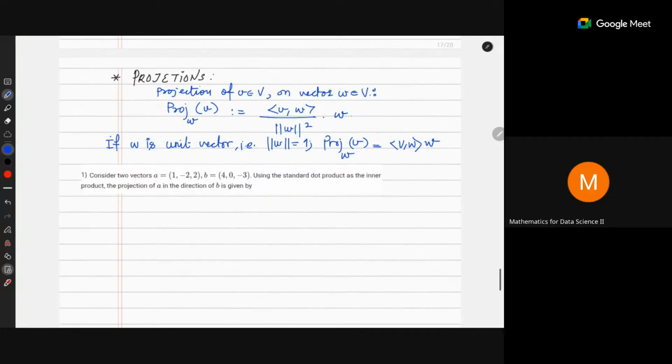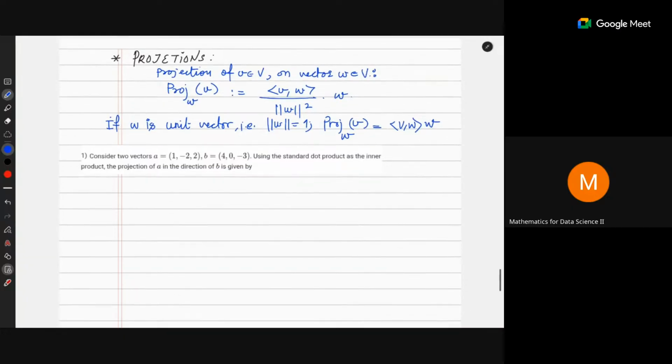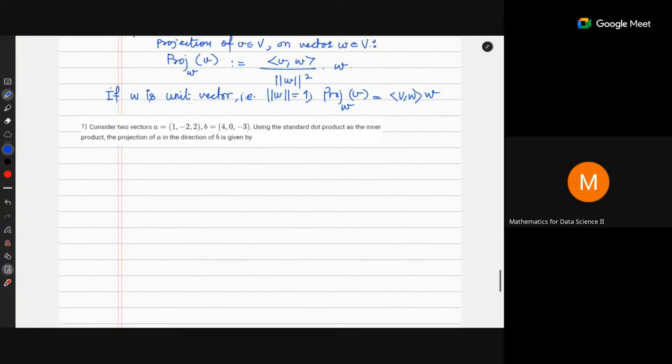So why are projections important? Projections are important to find the minimum distance between a point and a line in R2 or R3, and similarly between a point and a subspace. Let me give a quick example.